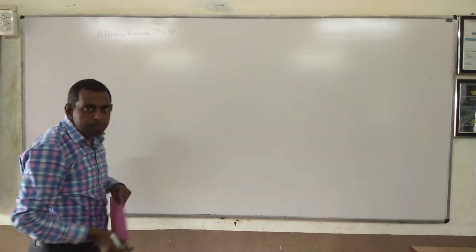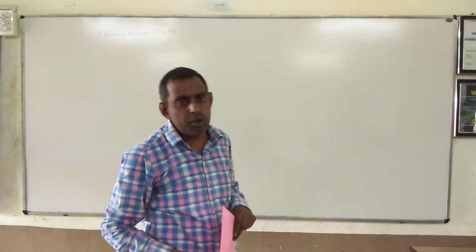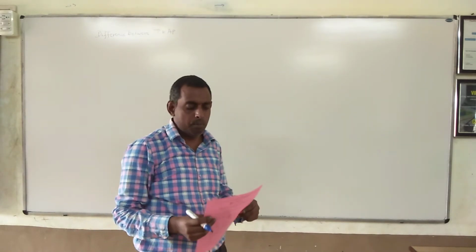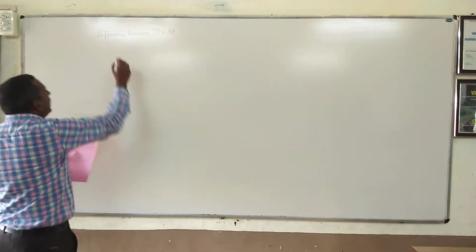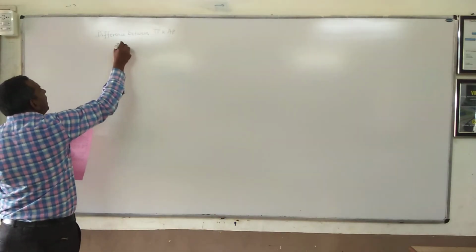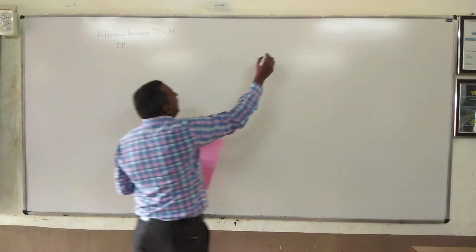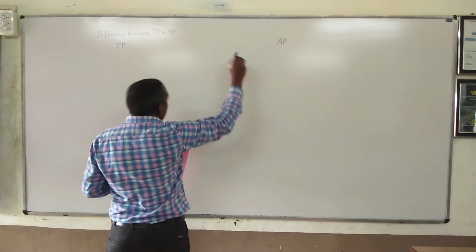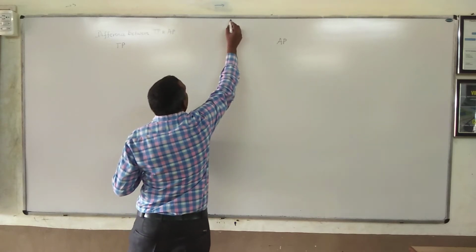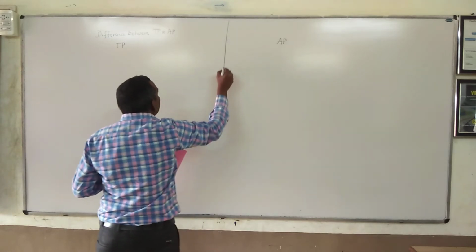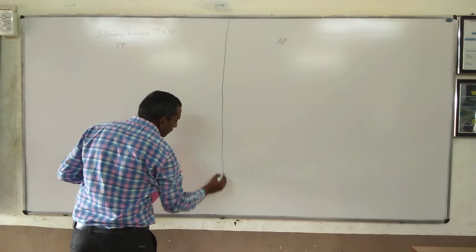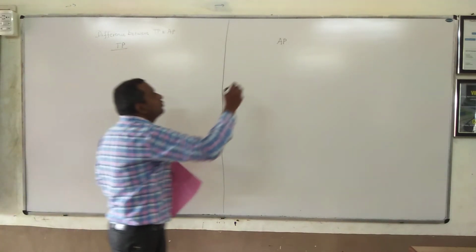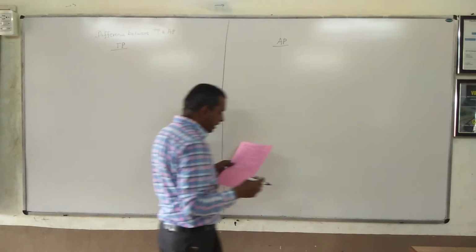So what is TP here? TP is transportation problem, and what is AP here? It is assignment problem. So it is like TP at this side and here AP at this side. Fine. So let me divide the board here into two halves. So underlining these two here, TP and AP.